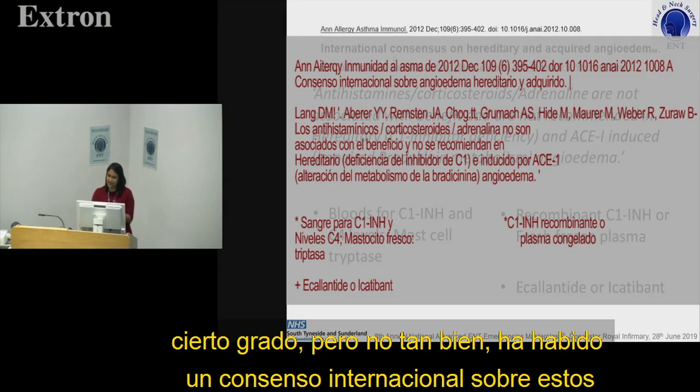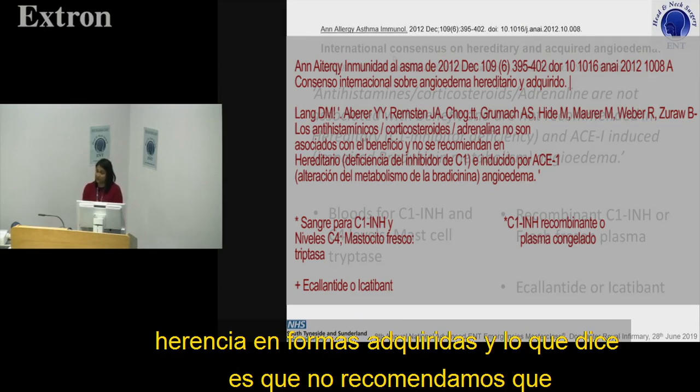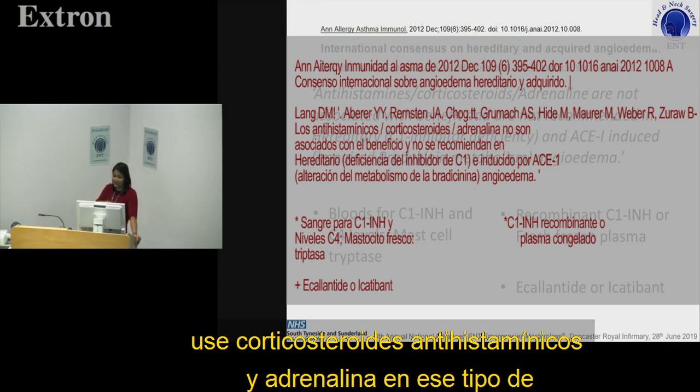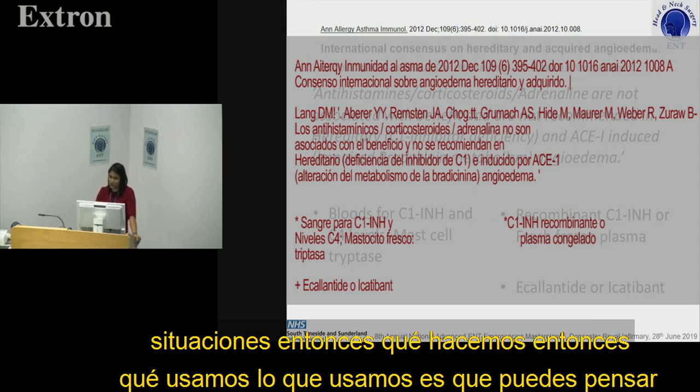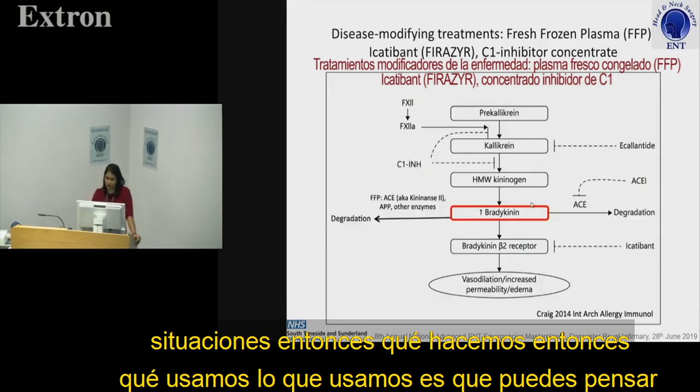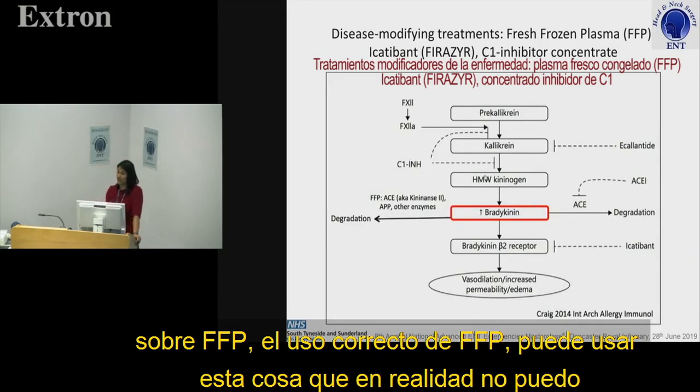There's been an international consensus on these hereditary and acquired forms, and what it says is we don't recommend that you use antihistamine, corticosteroids, and adrenaline in those sort of situations. So what do we do then? What we use is, you can think about FFP, okay, use of FFP.